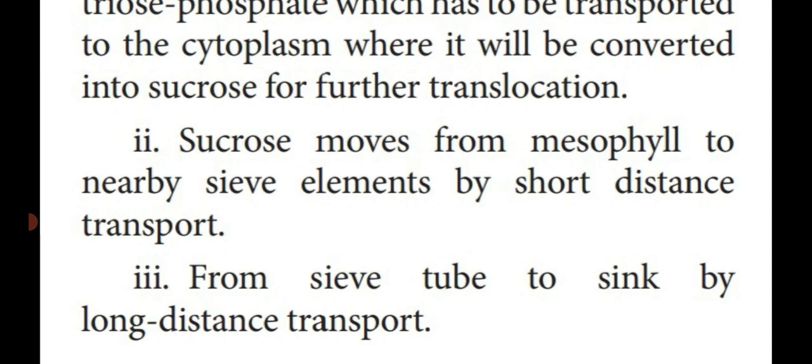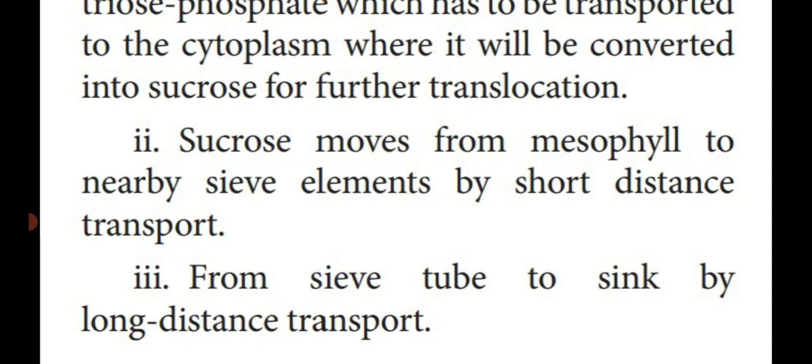The next one, from the sieve tube to the sink. What does sink mean? The plant parts which receive the food material are known as the sink, by long distance transport. So sink means root, stem, flower, fruits and germinating seeds. The upper part is also there, the lower part of a plant is also there.